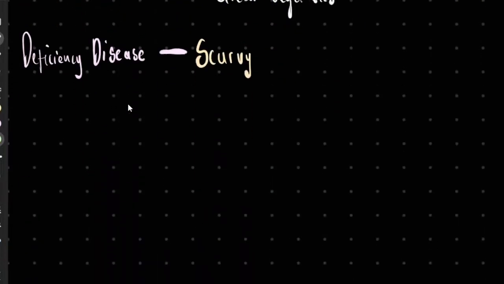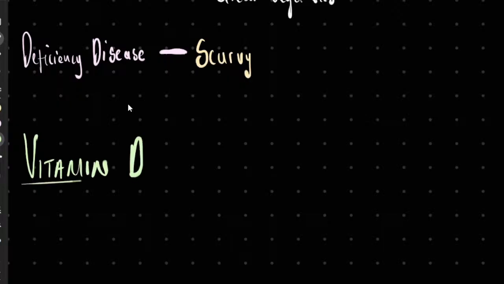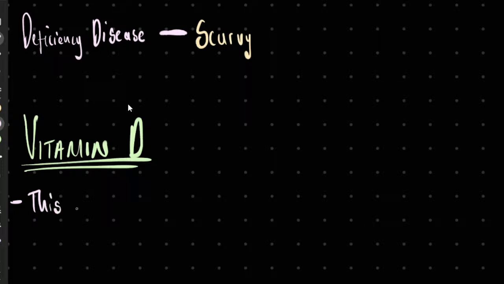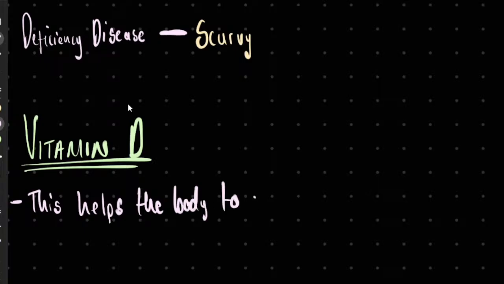Then now let's write about vitamin D. Skip 2 lines and say vitamin D. Can you all see my screen nicely? And write, say, this helps the body to absorb calcium.